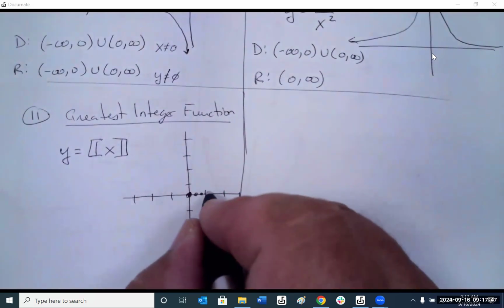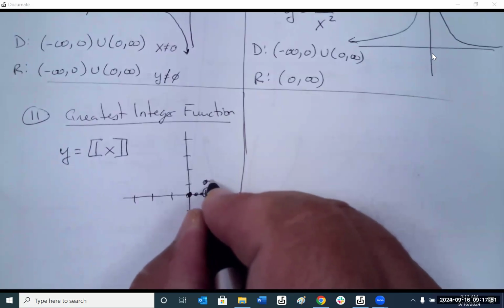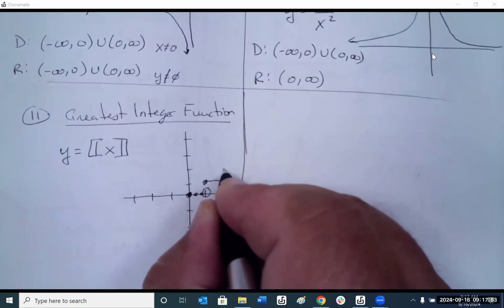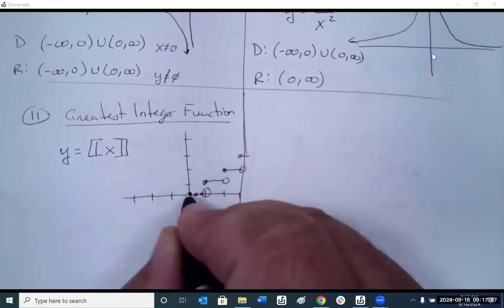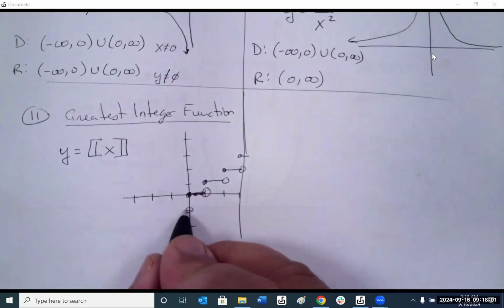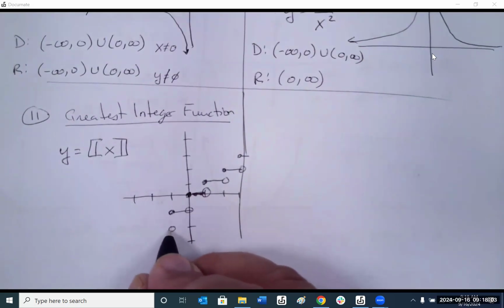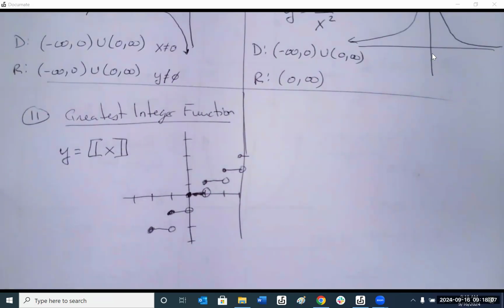When X is 1.0, it jumps to one. And it stays there until it gets to two. And then so on and so forth. It continues the same way going down. It's called the stair-step function.